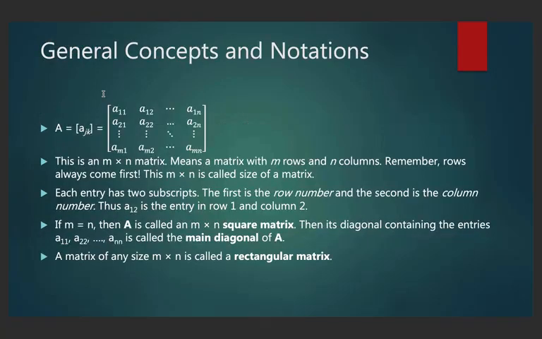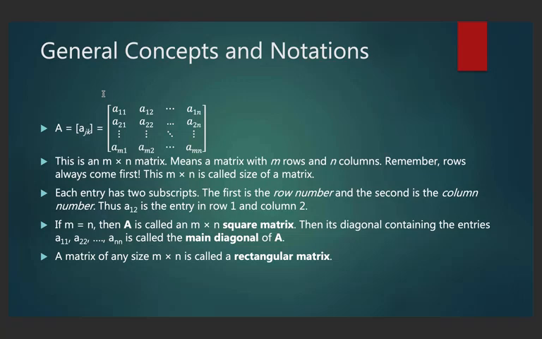Next we will learn about the general concepts and notations. You can see this is an m cross n matrix, meaning a matrix with m rows and n columns, and we should always remember that rows always come first. This m and n is called the size of a matrix. Each entry has two subscripts. The first is the row number and the second is the column number.